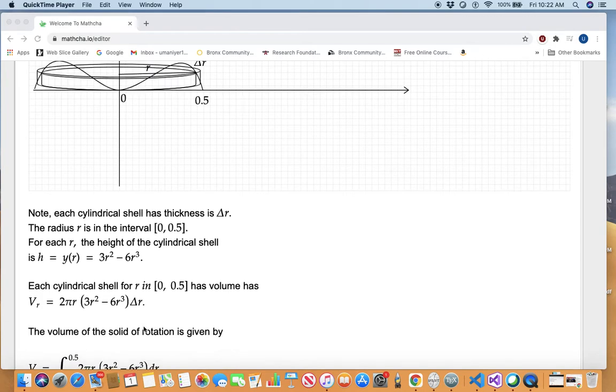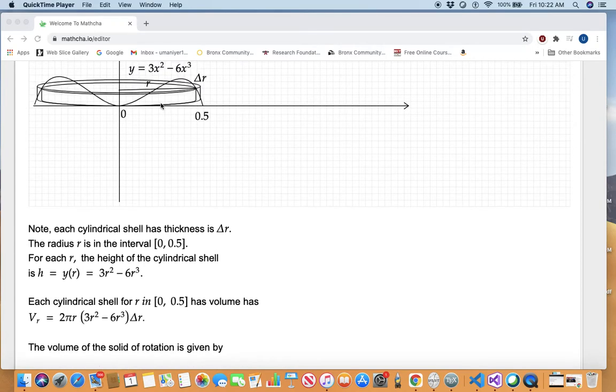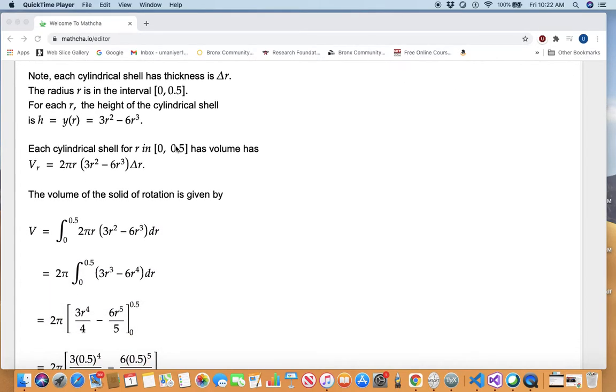So the volume of the entire solid is going to be the limit of the Riemann sums and so on, which tells me it's an integration.